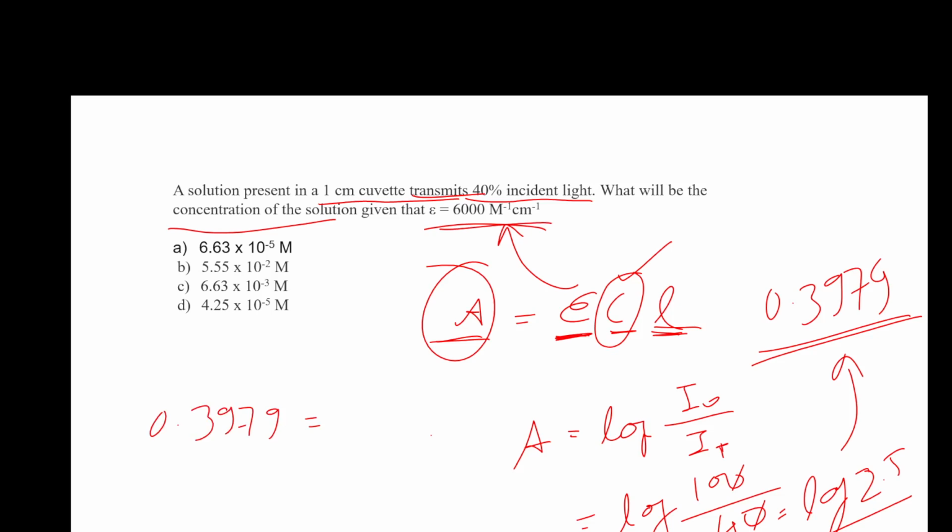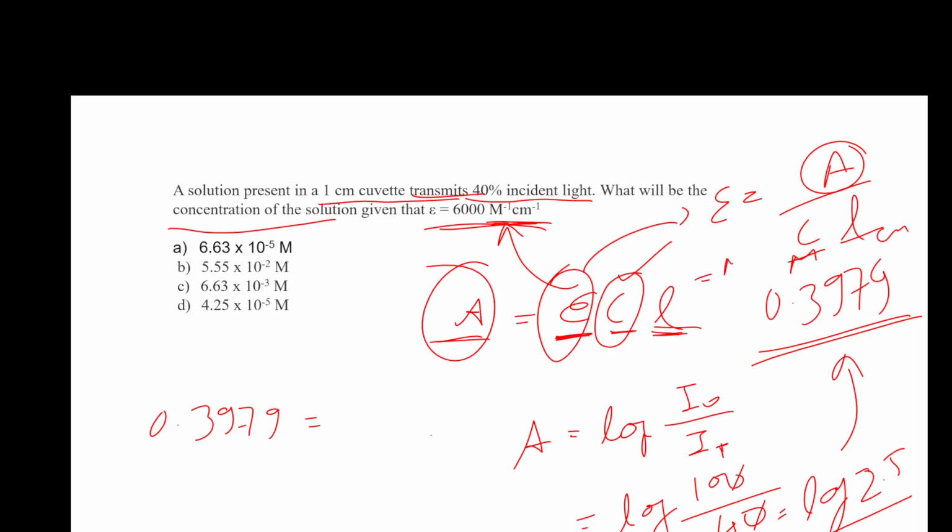You also need to check that the unit is correct. It is given per molar per centimeter. The unit of E is calculated as E equals A upon CL. Absorbance has no unit, C is molar, and L is centimeter, so the unit comes per molar per centimeter.